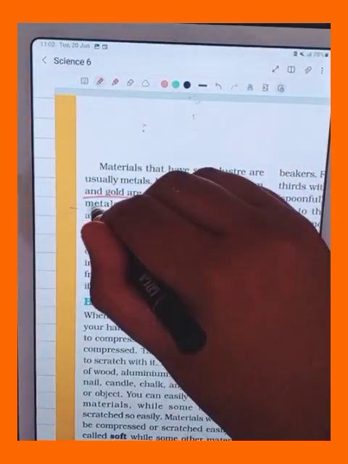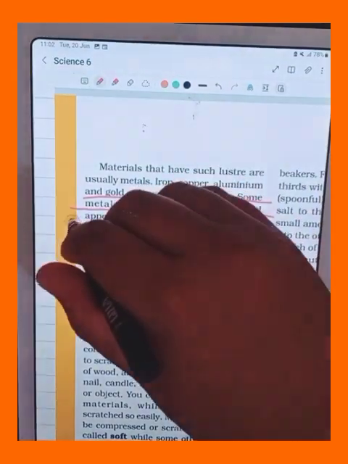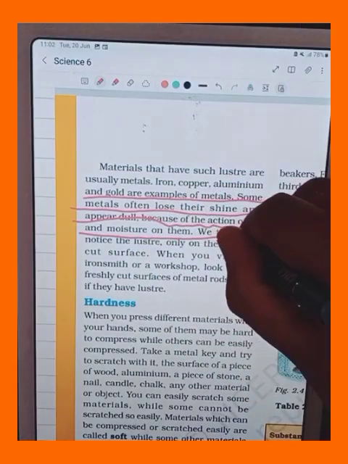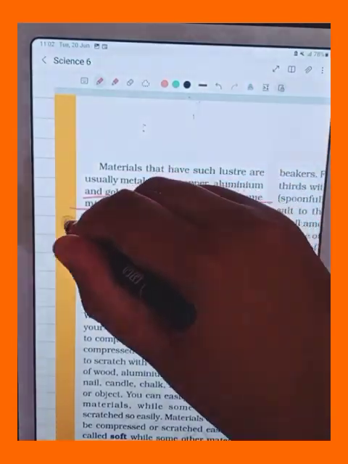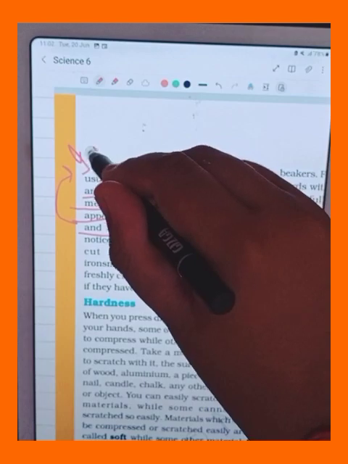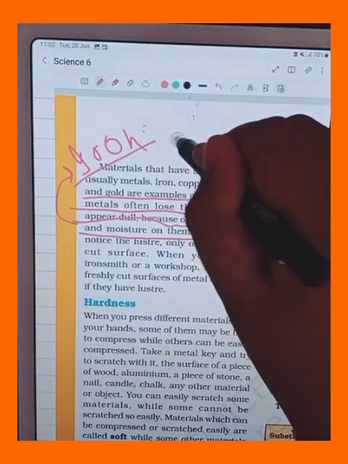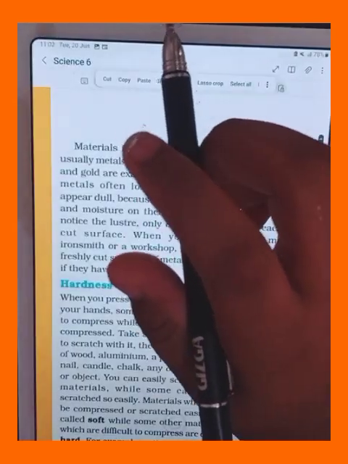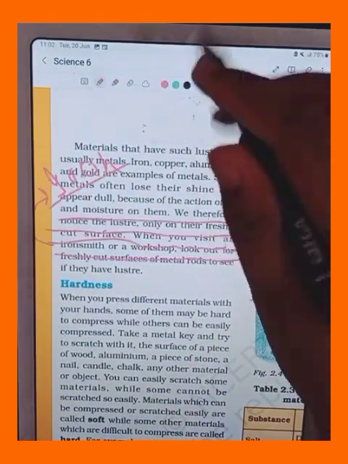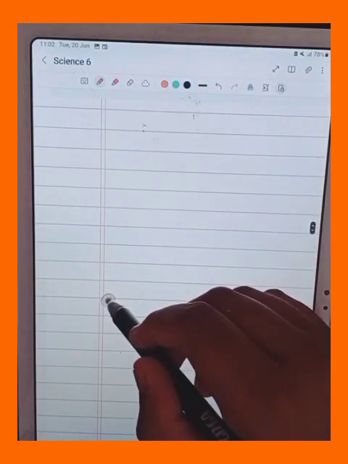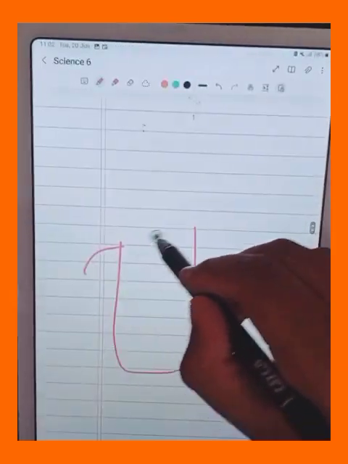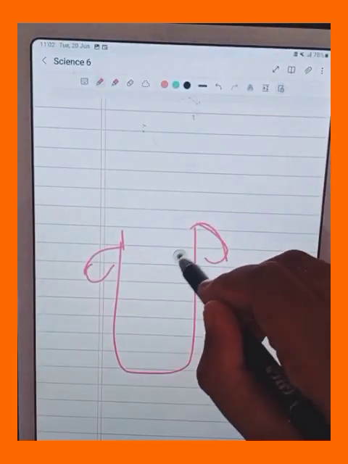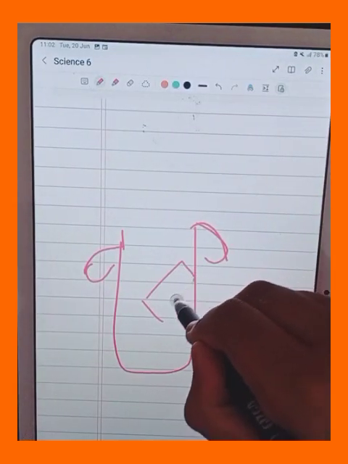Some metals often lose their shine and appear dull because of the action of air and moisture on them. Metals like iron, when exposed to air and water, rust. Take a beaker. I will explain the method.